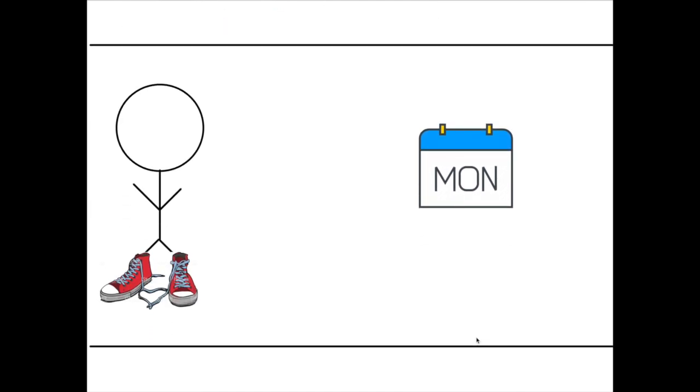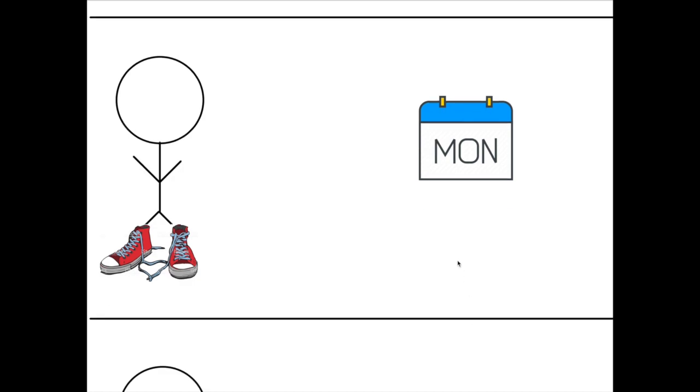Now to contrast this, let's take a look at another scenario. I'm about to leave and I realize that my shoes are untied. It happens to be Monday today. What's the probability that I'm going to tie my shoe given that it's Monday? Probably a pretty good probability, because I'm very likely to tie my shoes. I don't want to leave my house and start tripping all over the place.